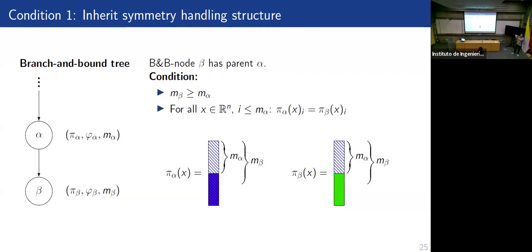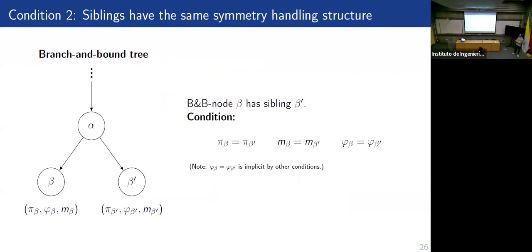In other words, the child beta grows the vector that we allocate. And the remaining entries are a free choice that the modeler can make. Second condition: if beta has a sibling, then these symmetry pre-handling structures, as we call them, are the same. That is an easy condition.